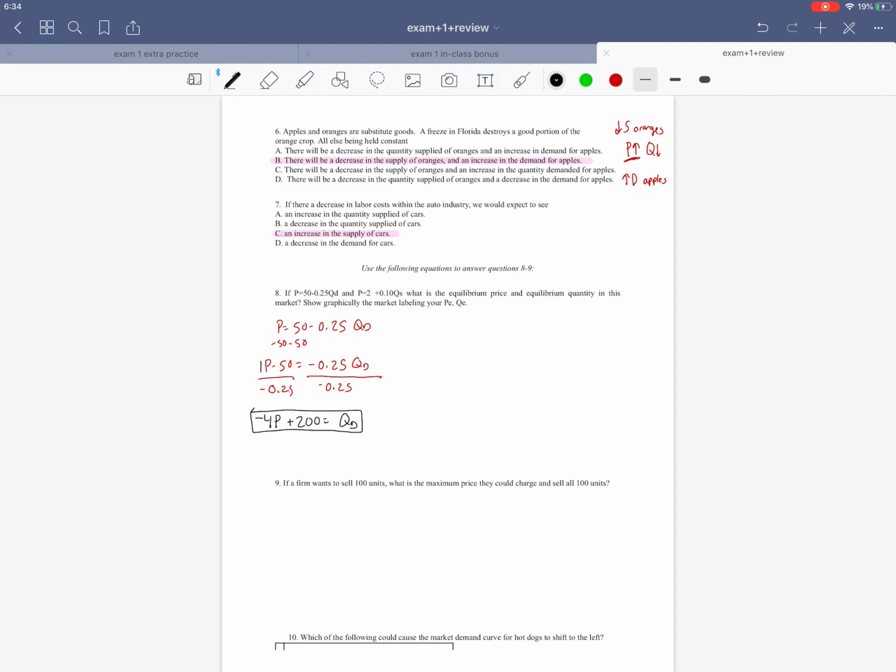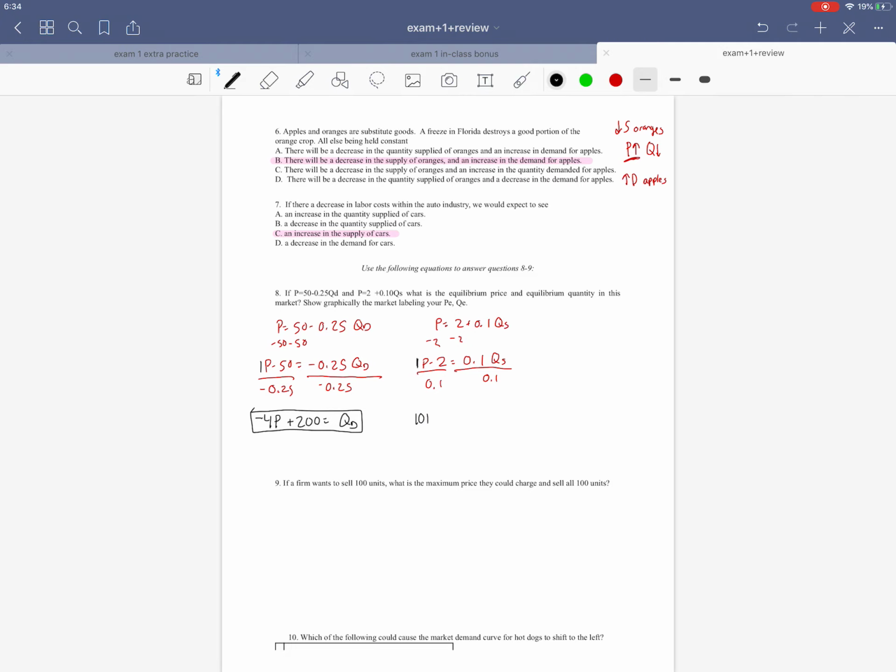And for our supply equation, we're going to do the same thing. We have P is equal to 2 plus 0.1 QS. Subtract 2 from both sides. We have P minus 2 is equal to 0.1 QS. Then divide both sides by 0.1. Don't forget your imaginary 1 in front of P. So 1 divided by 0.1 is going to give us 10.